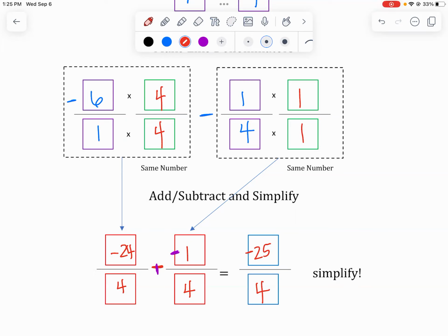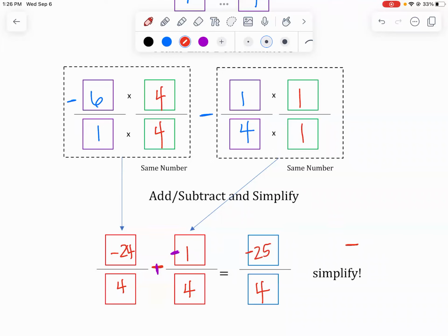Caesar, can I leave my answer as negative 25/4? Okay, do you know how we would change that? How many times does 4 divide into 25? How many times does 4 go into 25? 6.